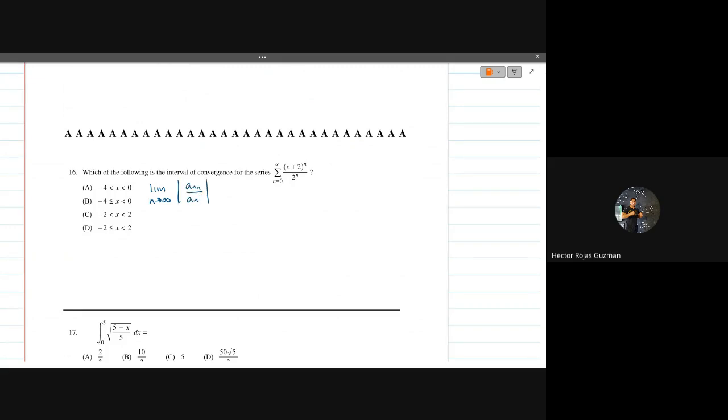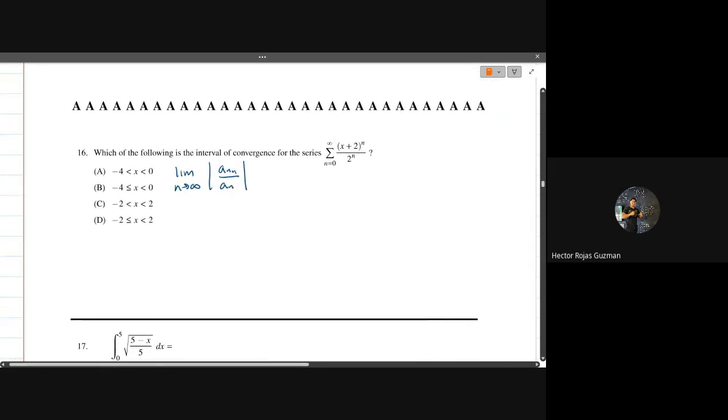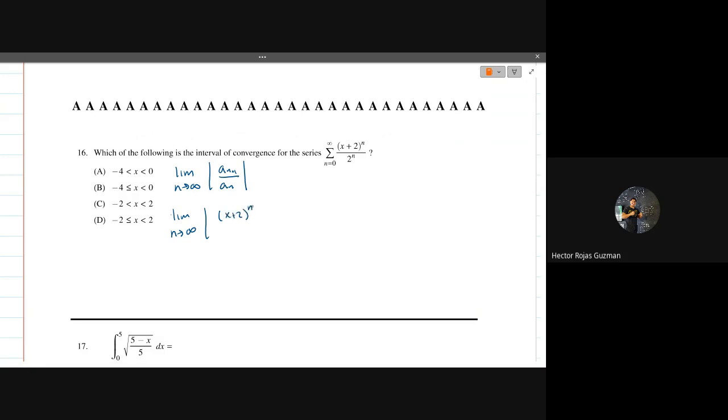Now let's practice the notation, because even though we don't have to show work on the multiple choice, it's crucial in the FRQs. So we have the limit as n approaches infinity of (x plus 2) to the power of n plus 1 divided by 2 to the power of n plus 1, times 2 to the power of n over (x plus 2) to the power of n.